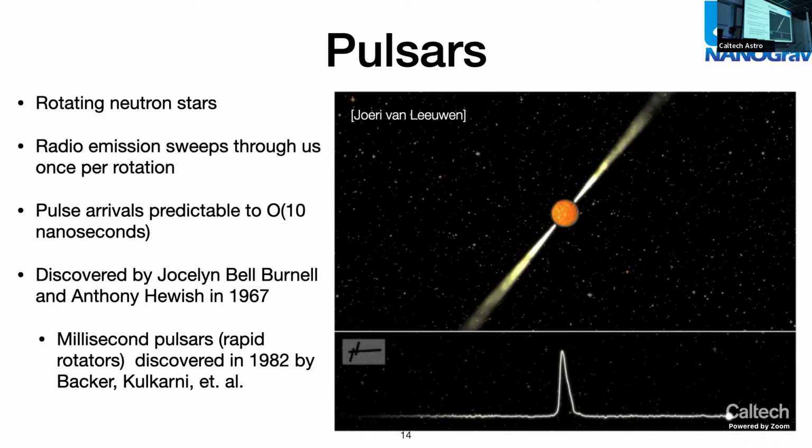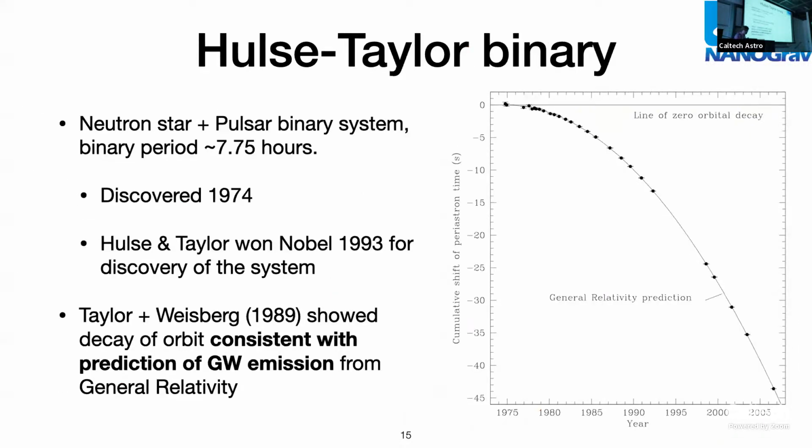Pulsars themselves were originally discovered by Jocelyn Bell Burnell and Anthony Hewish in 1967. And millisecond pulsars, which are the ones that we're using to search for gravitational waves, were discovered in 1982 by Backer et al. So pulsars are themselves very interesting outside of just searching for gravitational waves using pulsar timing arrays.